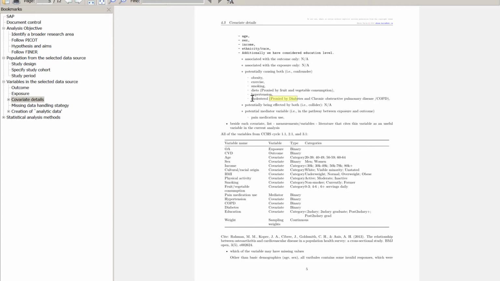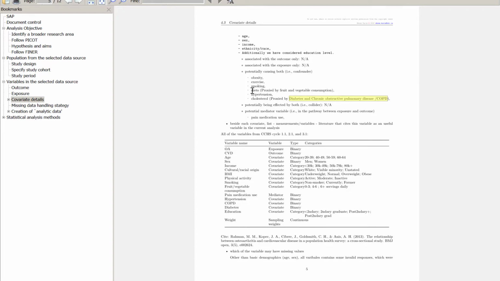Say for example, I needed some information about cholesterol, but that cholesterol information was not available in the dataset, so I tried to look into the dataset to find out whether there are any proxies, and apparently cholesterol and diabetes, also cholesterol and COPD, are highly associated, so I decided to include those variables as a replacement of this cholesterol variable.